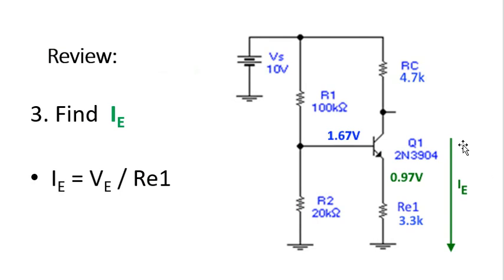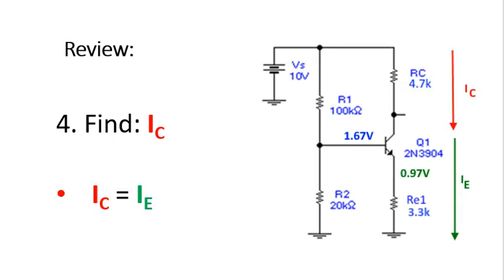Next, we find the emitter current. We know the emitter voltage, which we had figured out was 0.97 volts. Well, we know the emitter resistor, so we can find out the emitter current, and that's just using Ohm's law, where voltage divided by resistance gives us our current. Once we know our emitter current, we know our collector current, because basically our collector current is equal to our emitter current.